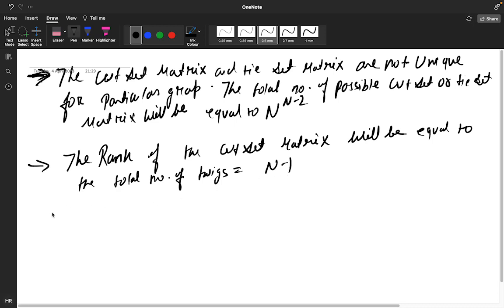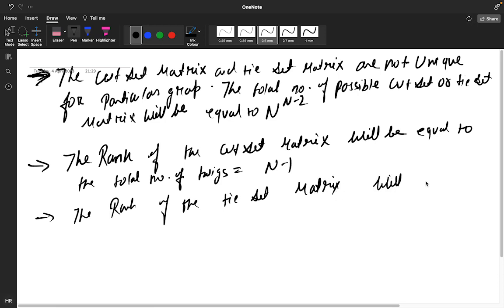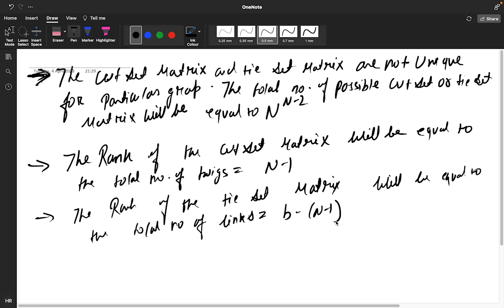And the rank of the tie set matrix will be equal to the total number of links, that is b minus n minus 1.